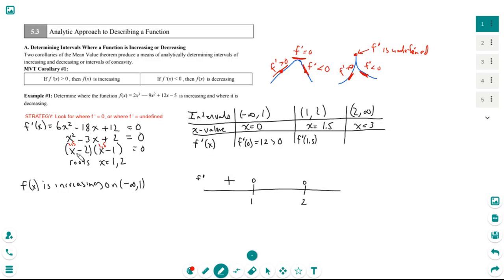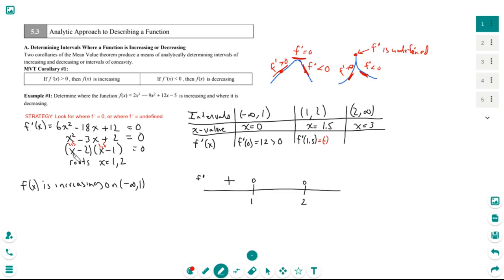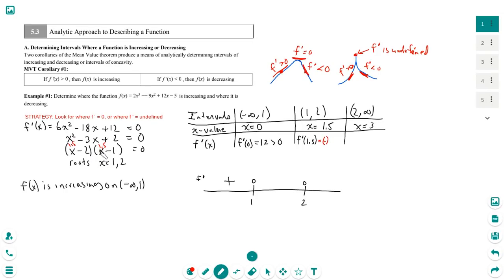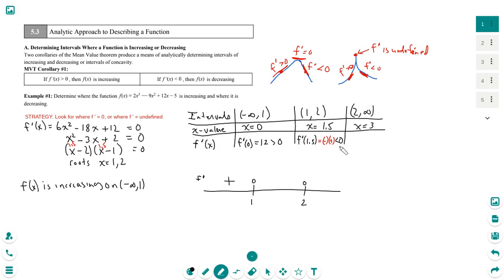Okay, if I do the first one, I get something that is negative. 1.5 minus 2 is going to be a negative number. If I plug it into the second factor, I get 1.5 minus 1, and that's a positive. All right, and then all I have to think is what's the product of a negative and a positive? It's going to be negative. So in this region, we're getting negative tangents.